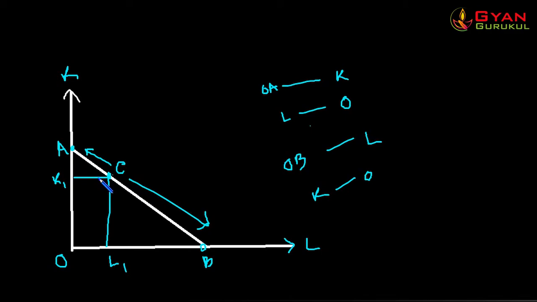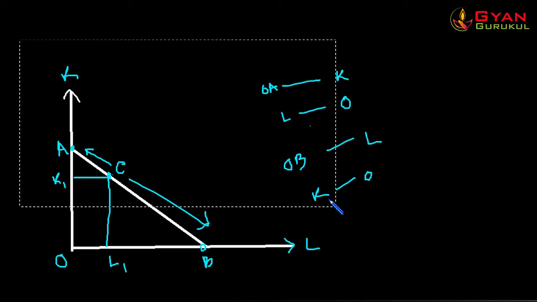So we got two forms of isoquant. One is a rectangular hyperbola, which is possible when the two factors of production are limitedly substitutable. And when they are perfectly substitutable, we get a straight line like this, joining both the two axes here.